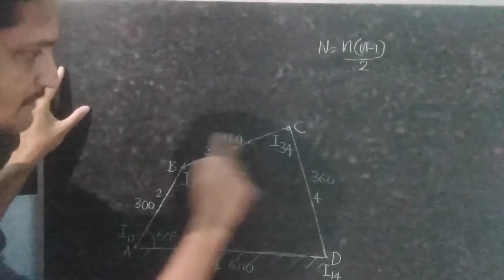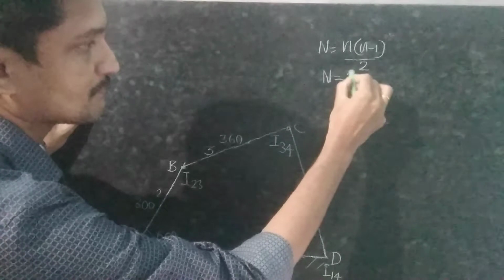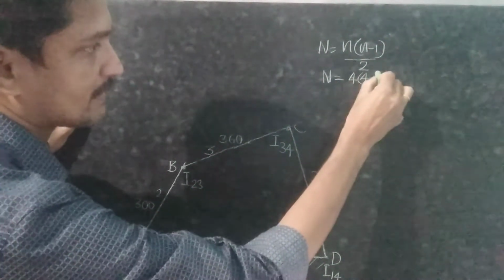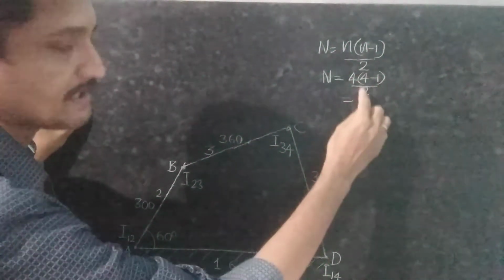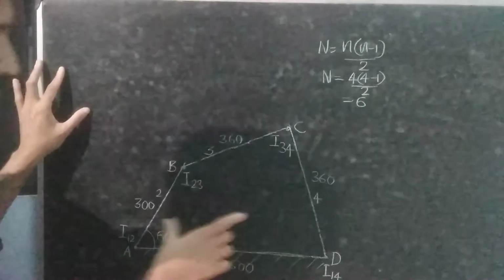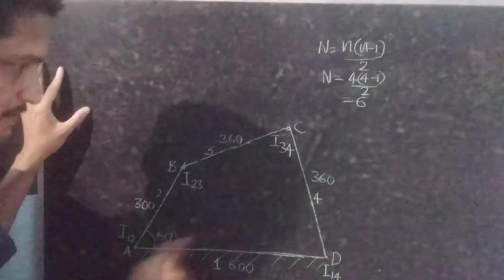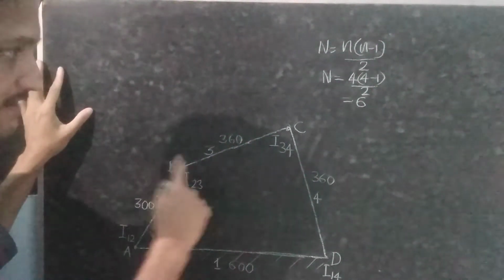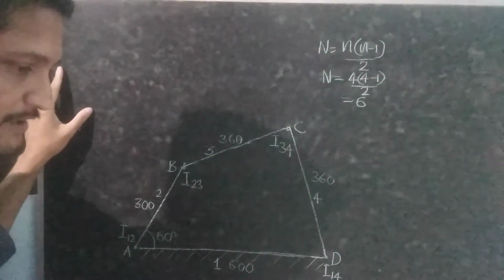Here number of links is equal to 4, so the total number of instantaneous centers is equal to 4 into 4 minus 1 by 2, that's equal to 4 into 3 divided by 2, and that's equal to 6. Already we found out 4 instantaneous centers, and we can easily find out the other 2 instantaneous centers by the following method.